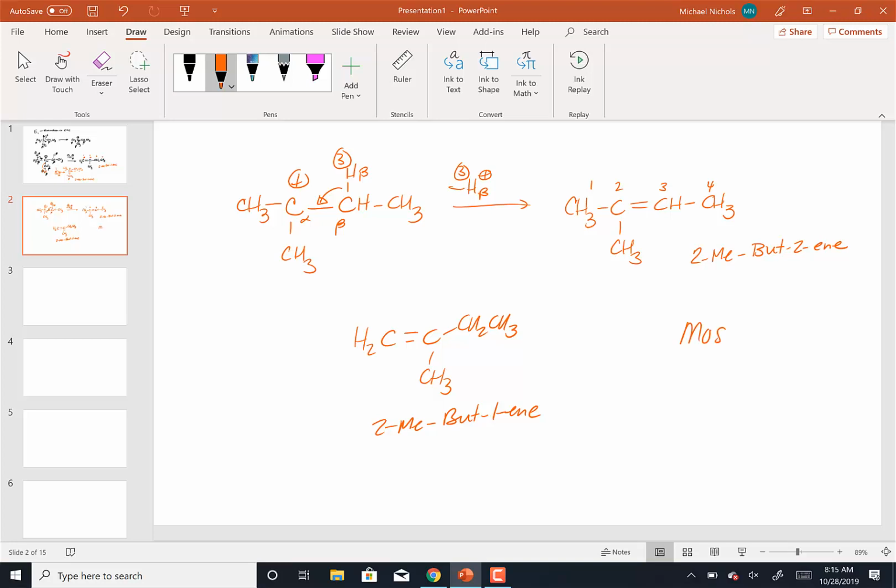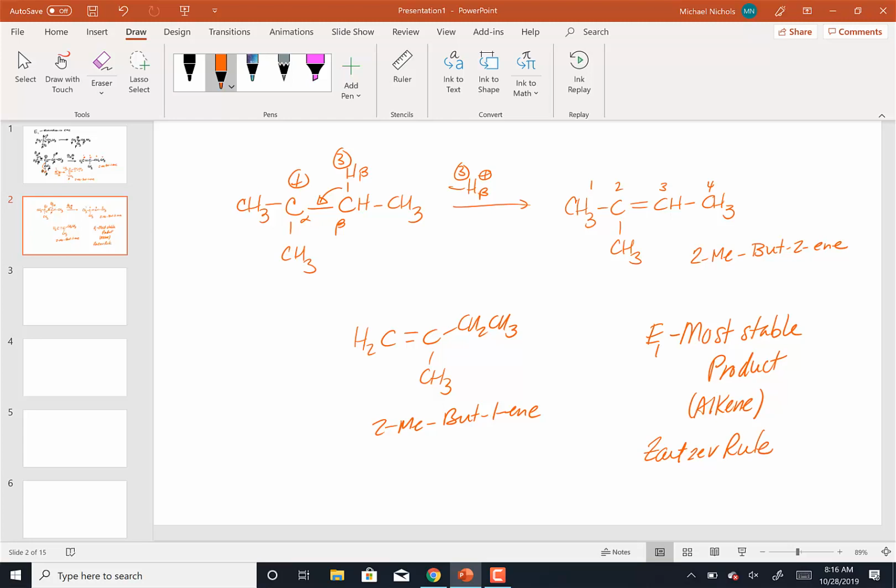The rule is that in an E1 mechanism, you form the most stable product. And that product is an alkene. That is also called the Zaitsev rule.